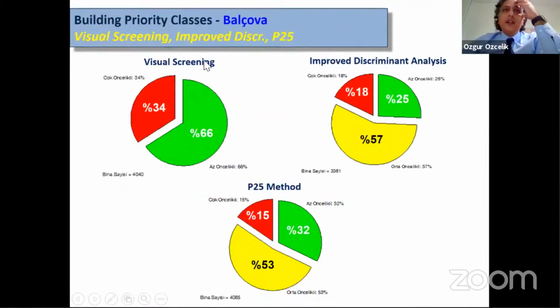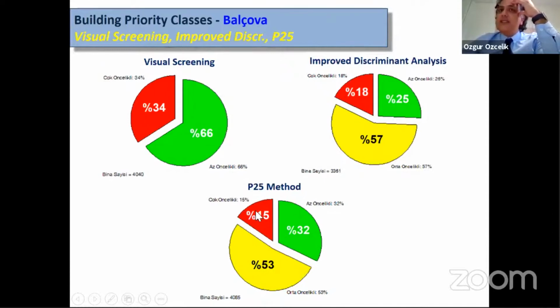So here are the results. For the Balçova district, by visual screening, which is a first level method, we found that 34% of the buildings are high priority and 66% low priority. For the second level method, improved discriminant analysis, you have 18% high priority, 57% medium priority, and 25% low priority.